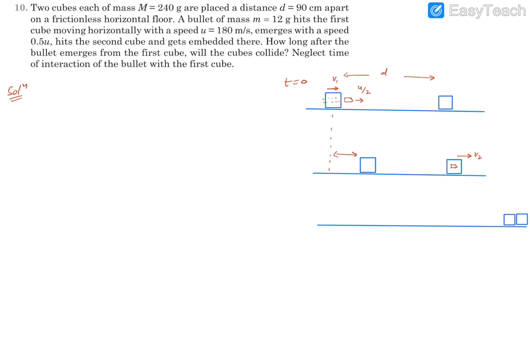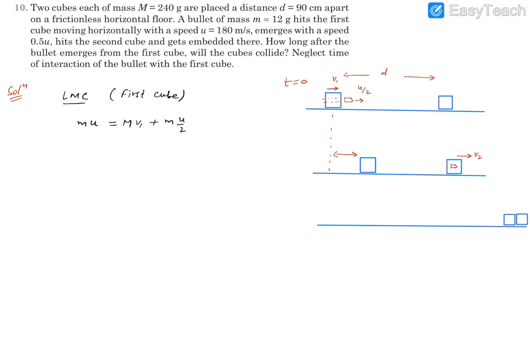Now here we can do some calculations. It's a horizontal frictionless floor, so there's no horizontal force, and we can go for linear momentum conservation. The cube mass is capital M, the bullet is small m. So, linear momentum conservation with the first cube. Initially the bullet has mass m and velocity u, and when it goes out, mass M is moving with v1 and mass small m is moving with u by 2.